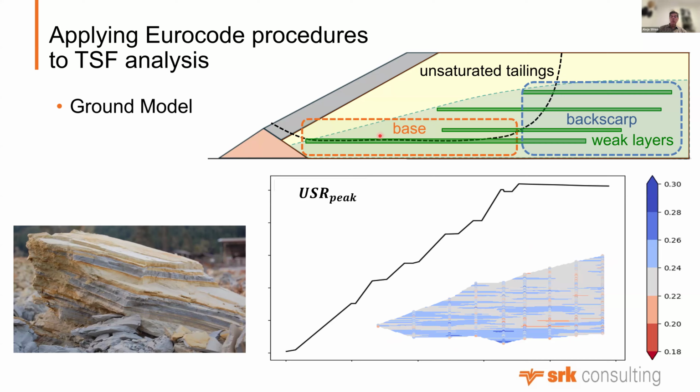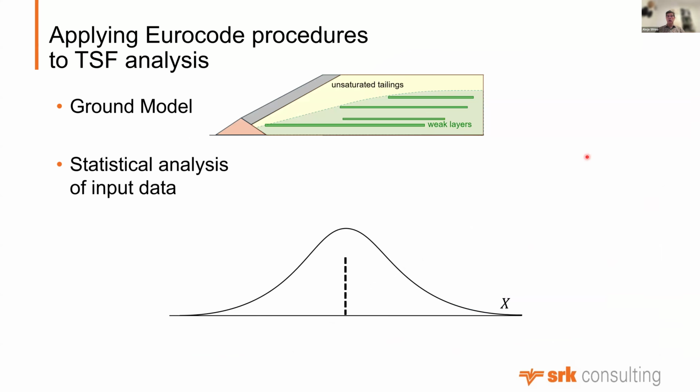So why do we talk about weak layers? Because according to Eurocodes, if you have a geotechnical unit, in this case the weak layers, that may control the limit state, you must do your best to identify that and to put numbers to it to characterize that. So this brings me to the second thing that Eurocodes bring, which is the old and very well-established statistical analysis of input data.